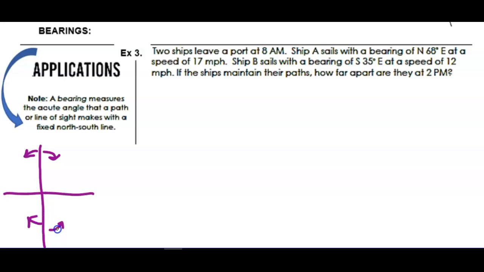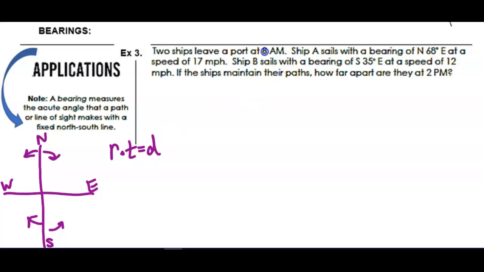Either towards the east this way, towards the west this way. So we have west, east, north, south. The other thing we need for this particular question, this one's really tricky, is rate times time equals distance.